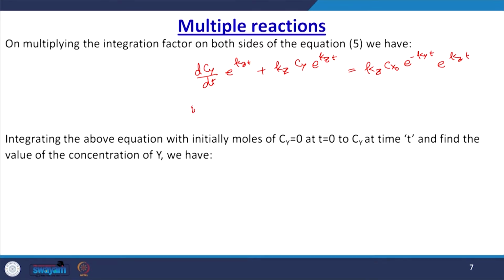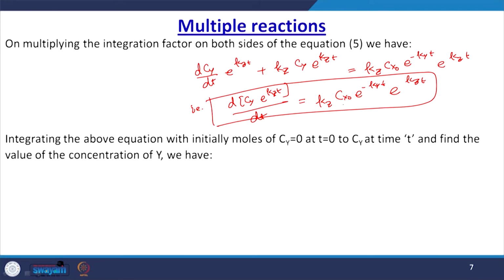Now, that is d(Cy e^(kz t))/dt, this is equal to kz Cx0 e^(-ky t) e^(kz t). You can write this as equation number 7.